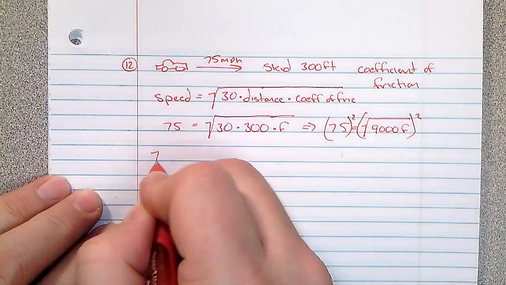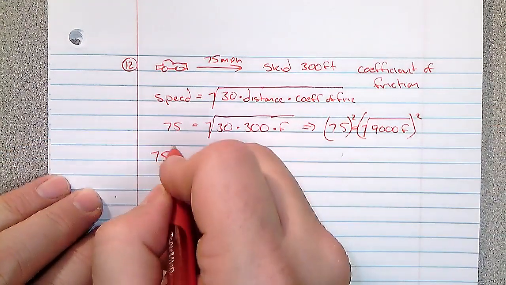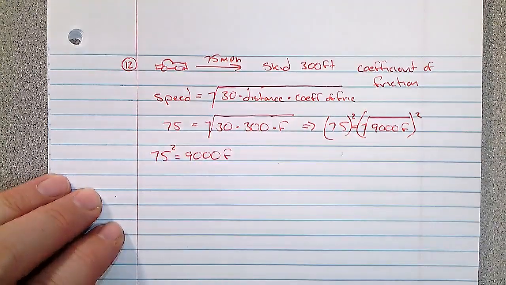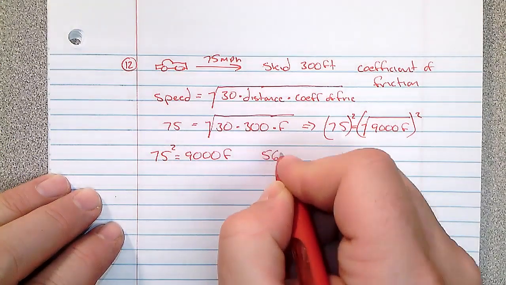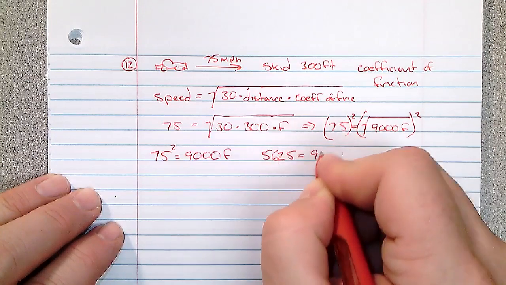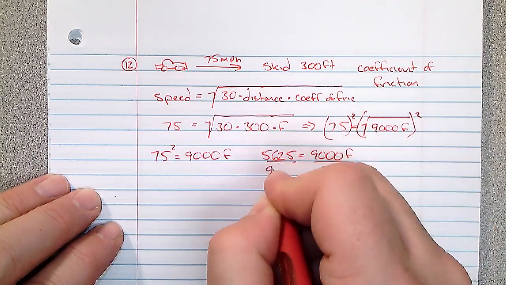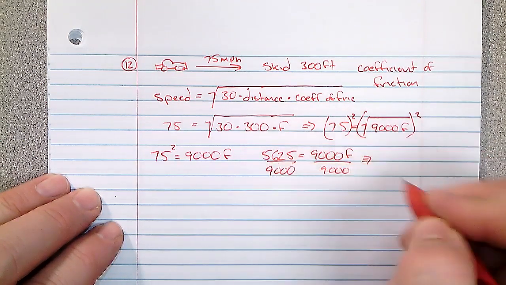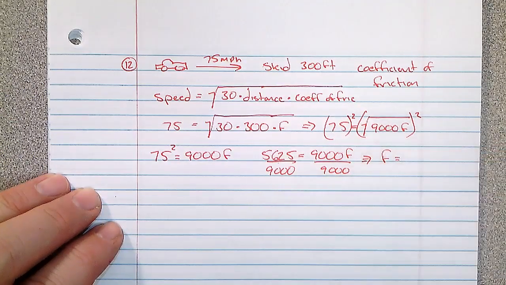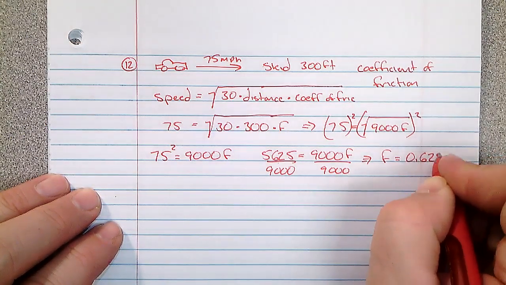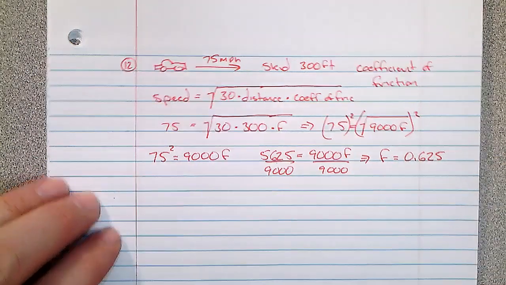And so we have 75 squared is equal to 9,000 F. So 5625 is equal to 9,000 F. Divide by 9,000. And we get F is equal to 0.625. So there's our coefficient of friction for this surface.